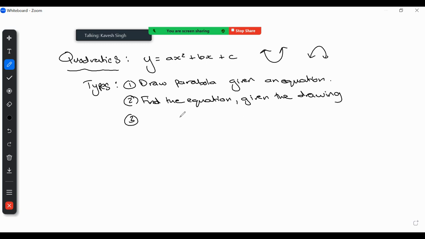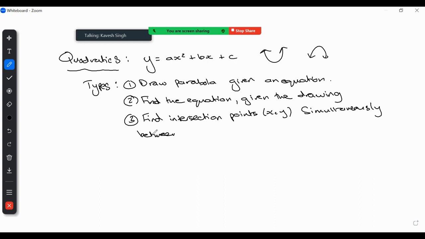You can also find intersection points, x, y simultaneously, between two parabolas, and also parabolas and straight lines.